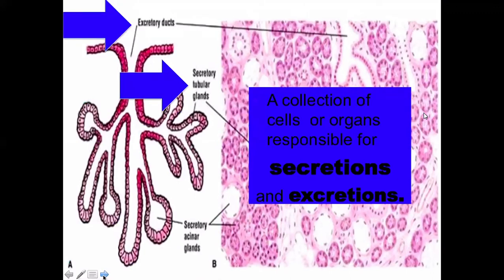When we say gland, this is a collection of cells or organs responsible for secretions and excretions. So it is not a gland if it only secretes. It must have the capacity to secrete and excrete.